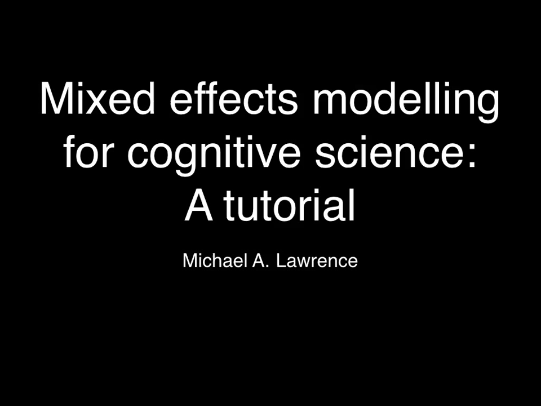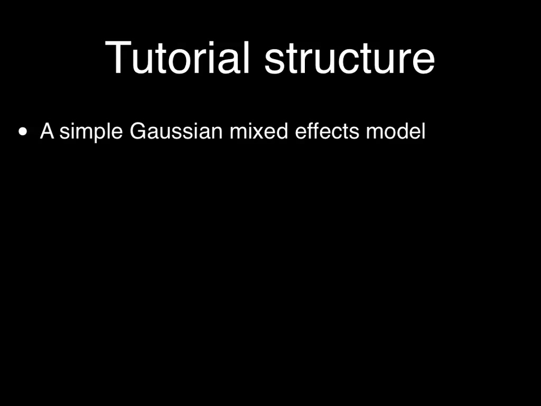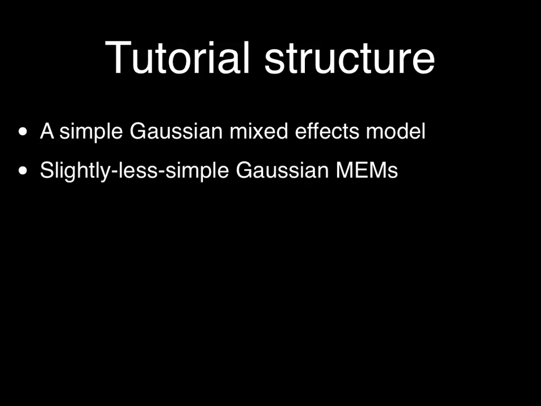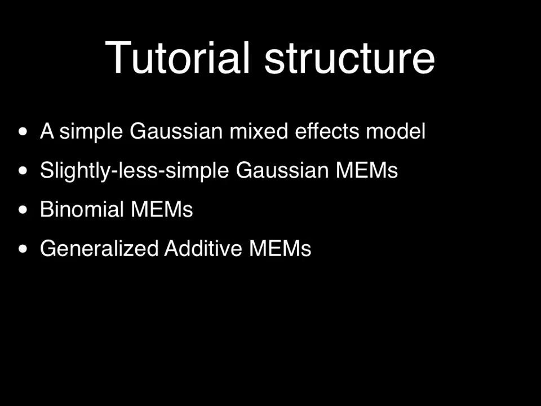So the tutorial structure. I'm going to start off talking about a simple Gaussian model of mixed effects, and then a slightly less simple Gaussian model. Then I'll talk about binomial mixed effects models, and then generalized additive mixed effects models.